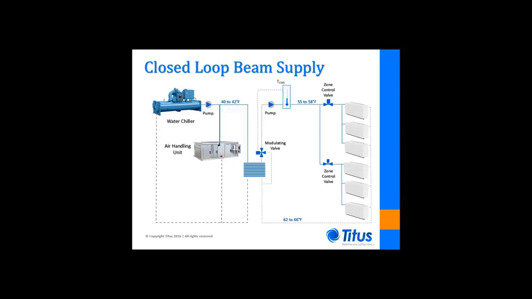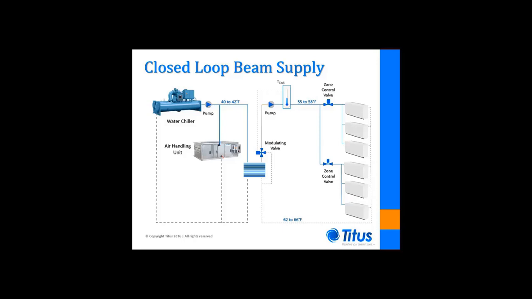The higher water supply temperature for the chill beams can be derived in several ways, but this slide illustrates a method commonly used in K-12 school applications. Low temperature chilled water is supplied by a shared chiller and used for cooling and dehumidification in the air handling unit coil. The low temperature chilled water also passes through one circuit in a plate heat exchanger, while return water from the beam loop passes through another separated circuit.